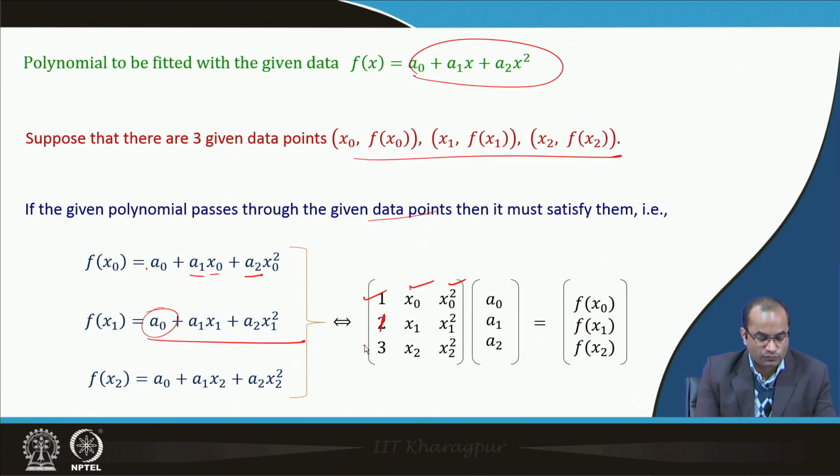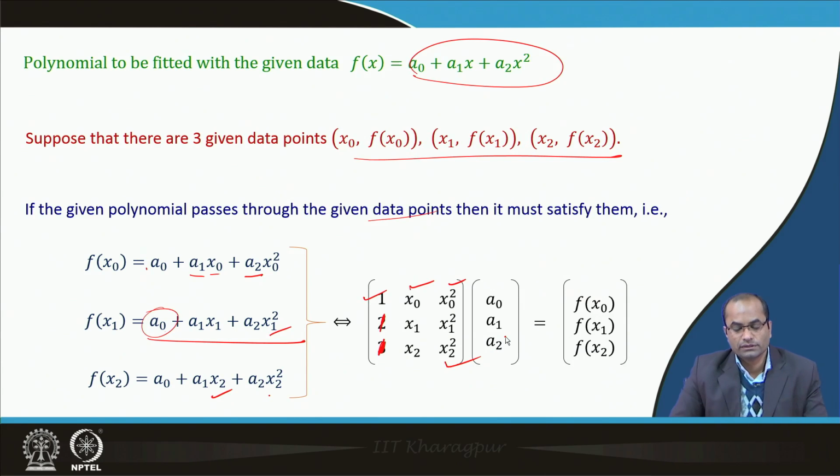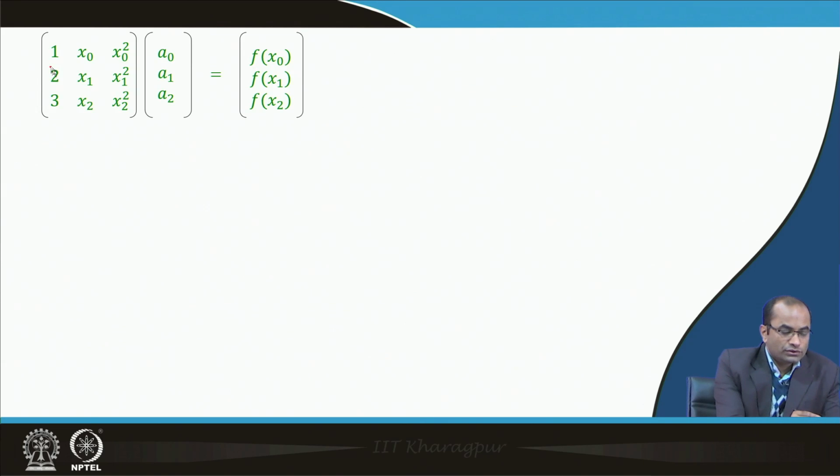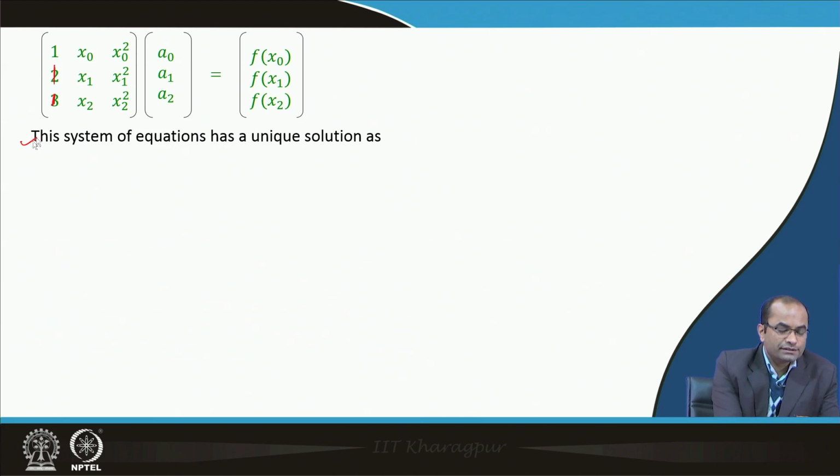So, it is not 2, it is 1, and then we have x 1, and x 1 square, and in the last row again we have 1, x 2 and x 2 square. So, this is the system we have corresponding to these given linear equations.